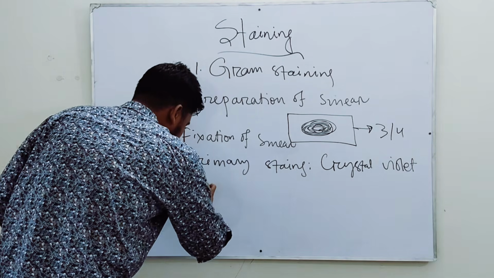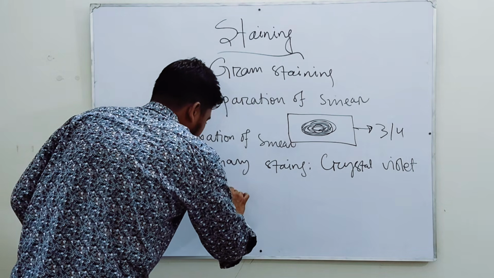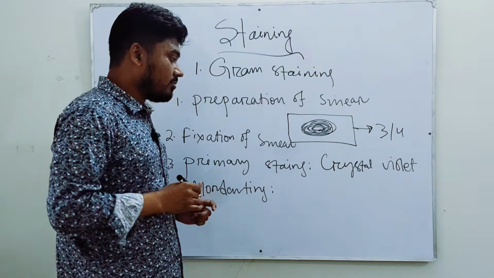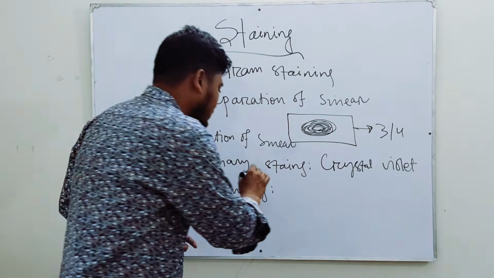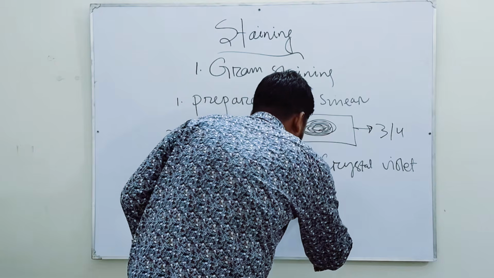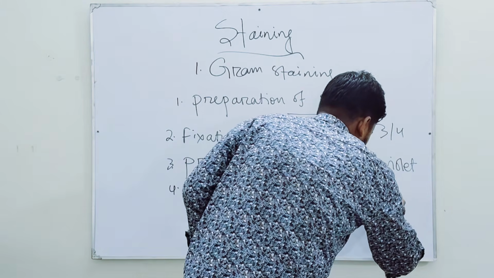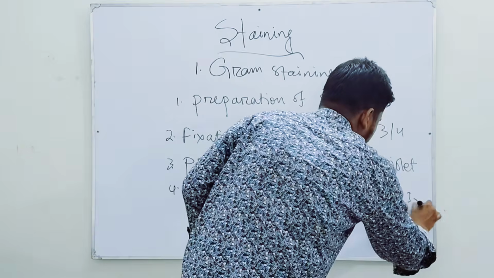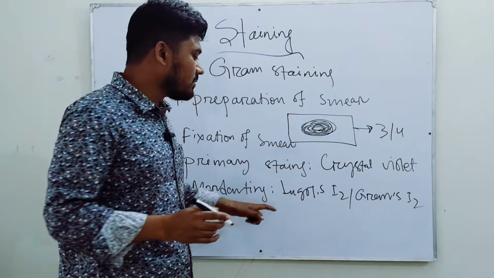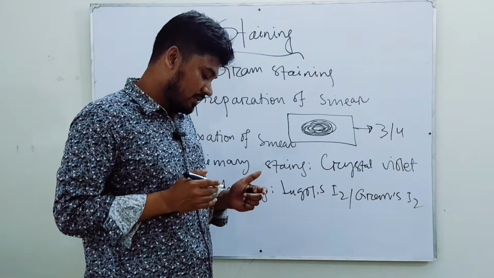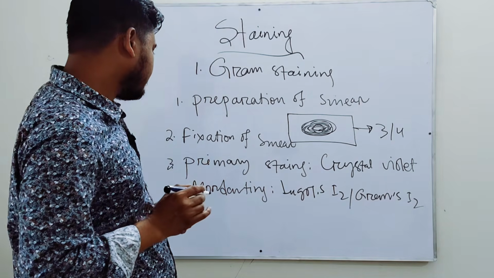Next step is mordanting. Mordanting is done by Lugol's iodine or Gram's iodine. The smear is covered with Lugol's iodine for 1 minute and then again washed with tap water.